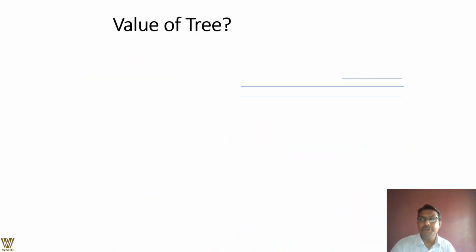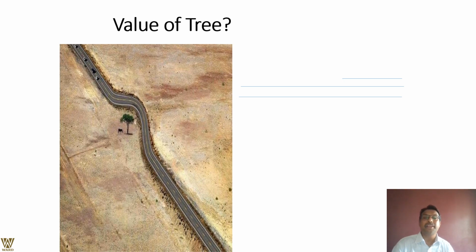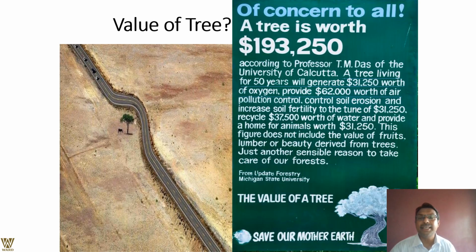So remember what the University of Calcutta's professor would have said of the value of a tree. T.M. Das says a tree living for 50 years, believe me, half a century, will generate approximately $31,250 worth of oxygen. Immaculate. That is equivalent to providing 62,000 worth of air pollution control.